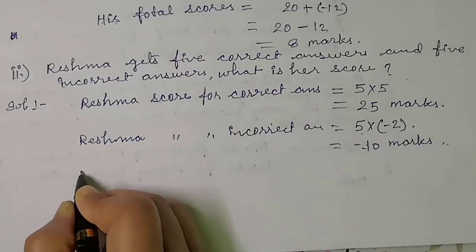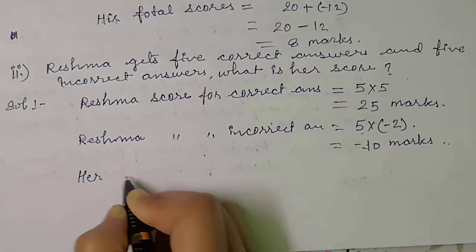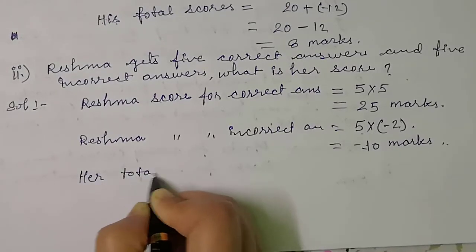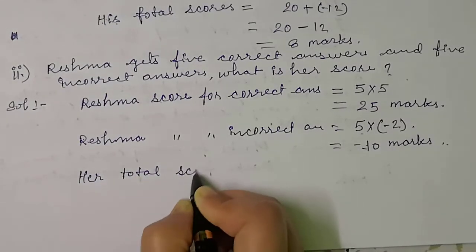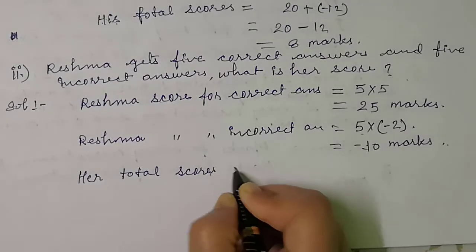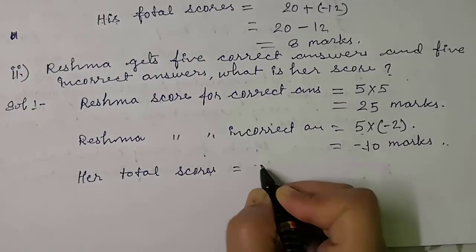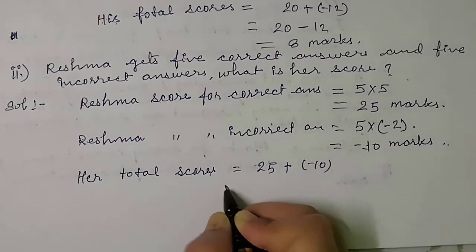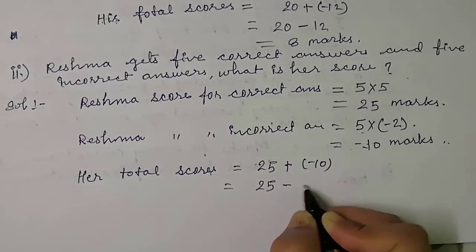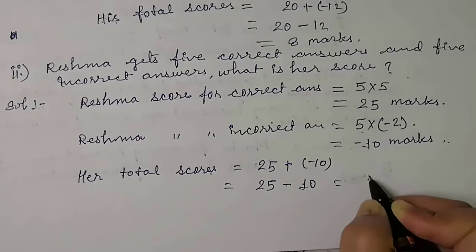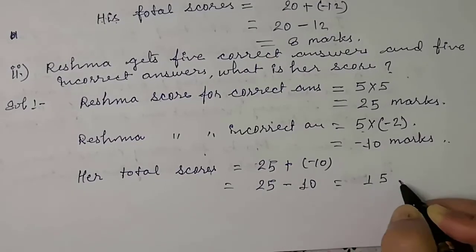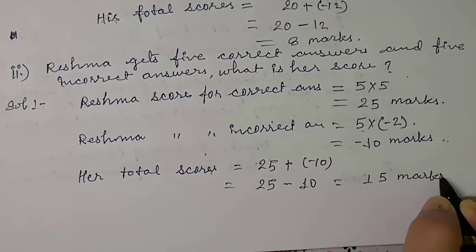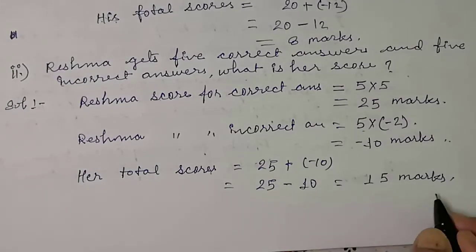So her total score will be 25 plus -10. 25 minus 10 will be 15. Finally, she got 15 marks.